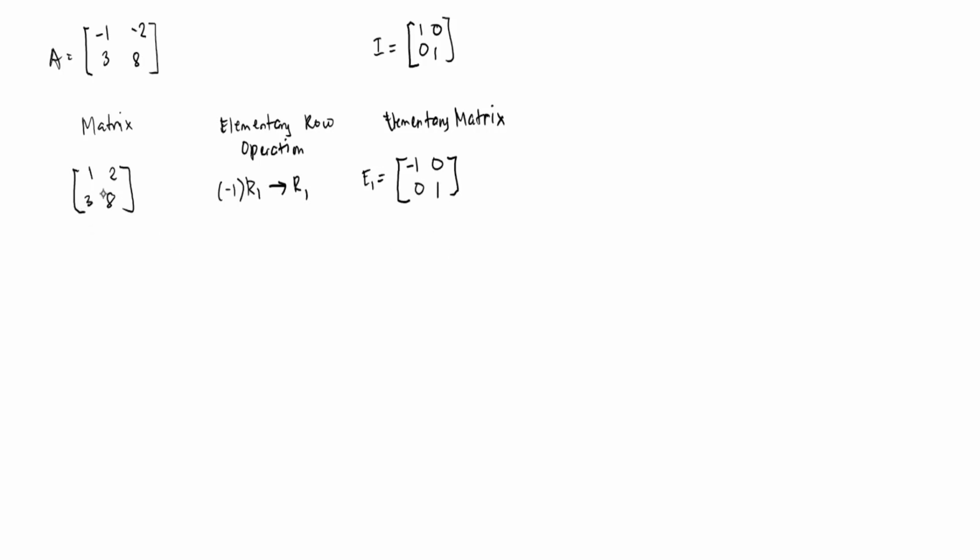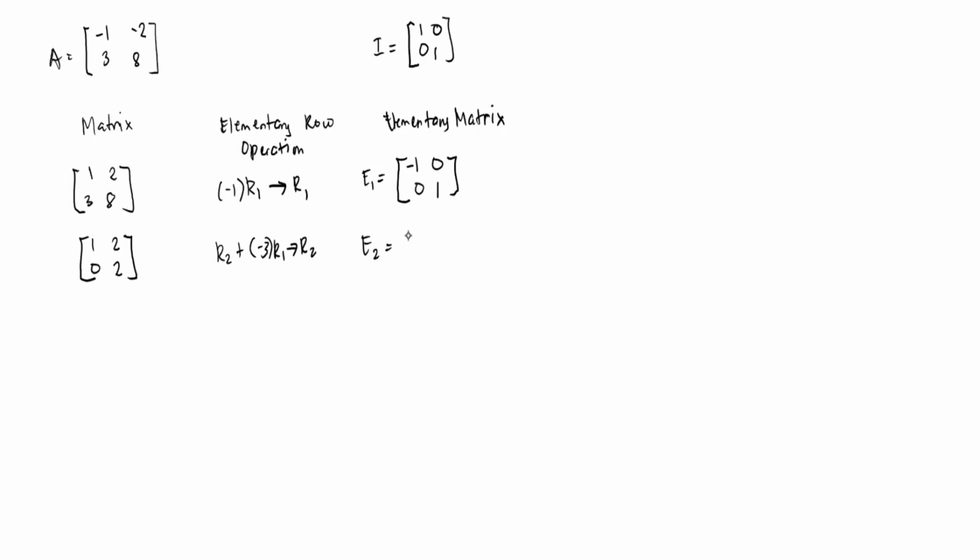Okay, next, we want this to be 0. So we multiply row 1 by negative 3 and then add to row 2 to get new row 2. So we have 1, 2, 0. Multiply this by negative 3, so that's negative 6 plus 8. So we have here 2.